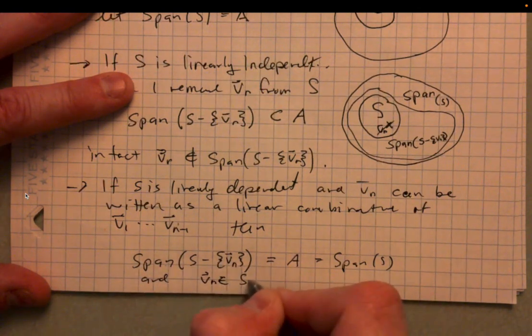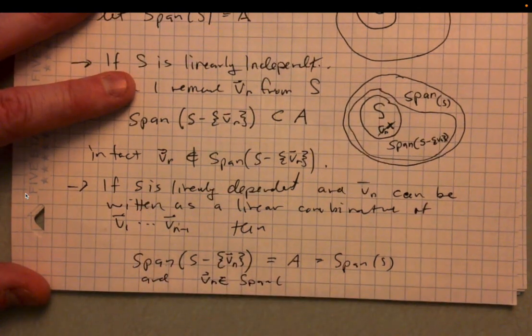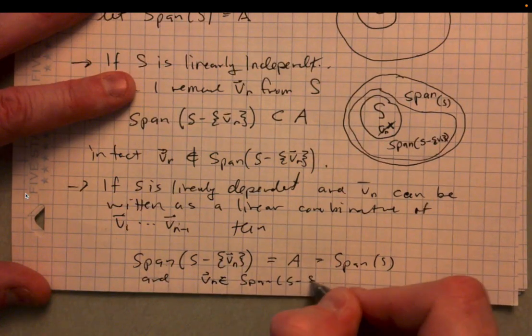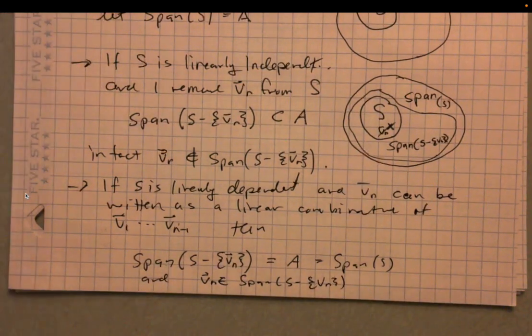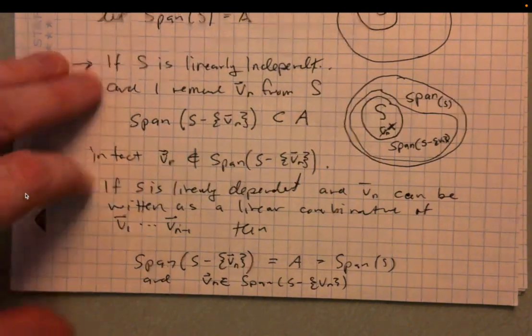So Vn is in the span of this smaller set. That's a pretty sophisticated way of thinking about it. Basically, what are we saying? We're saying that we can still get to all the vectors in A by using just V1 through Vn minus 1.